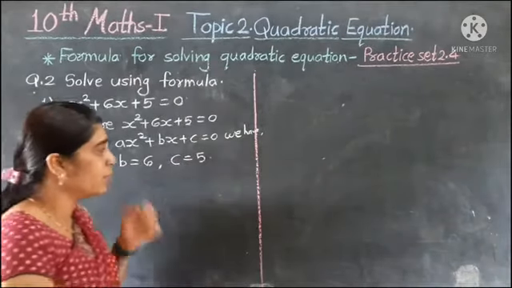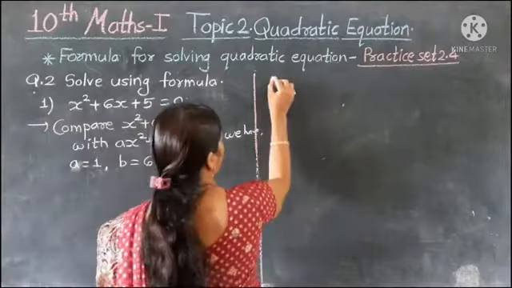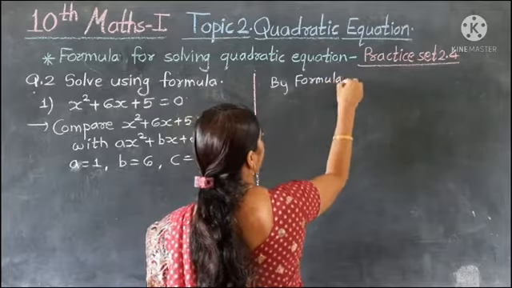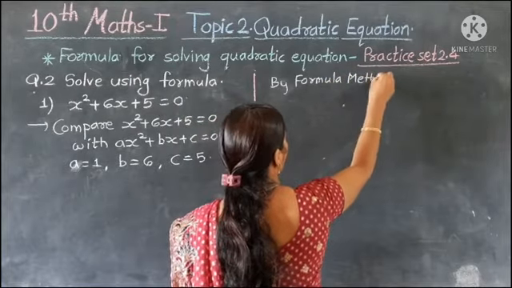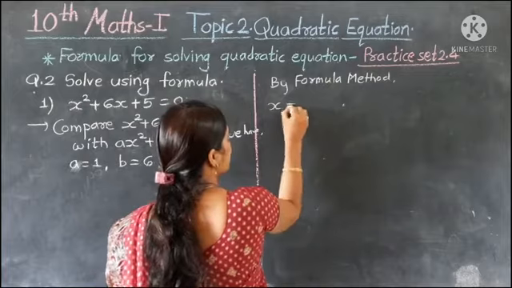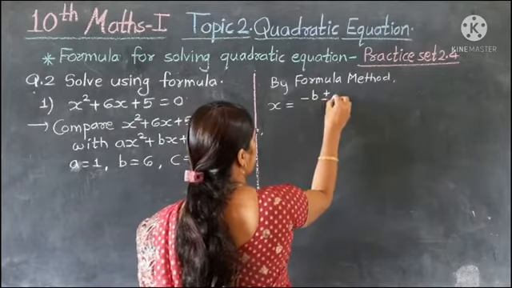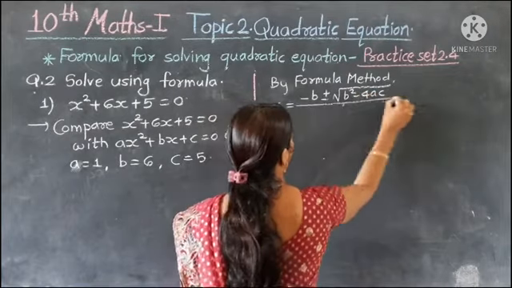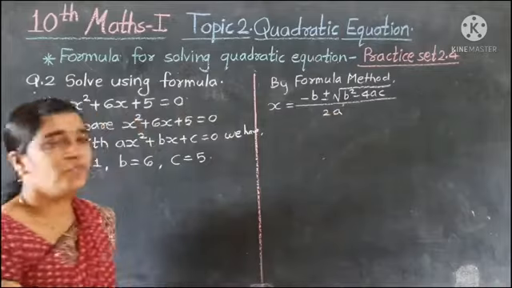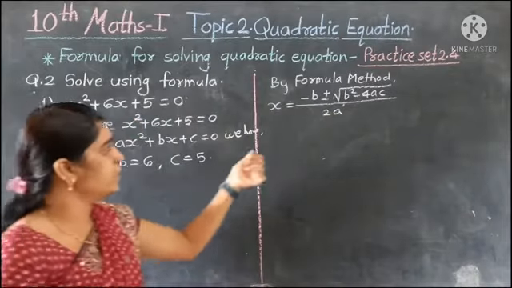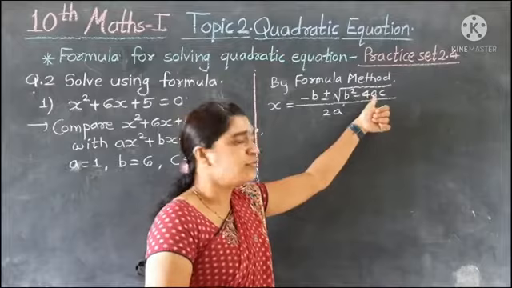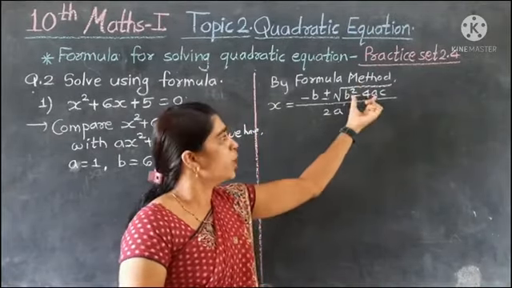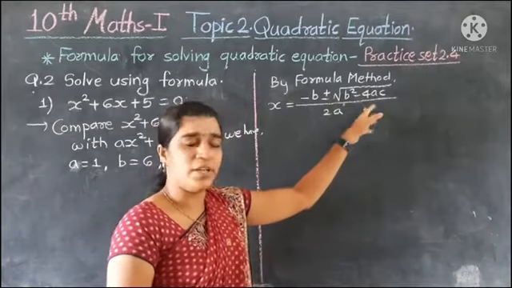So in the formula method we want b square minus 4ac. You know the formula method. By the formula method you can write x is equal to minus b plus or minus root b square minus 4ac upon 2a. This is the formula method. So we calculated a, b, c, but here you also calculate b square minus 4ac in the root. You can calculate this separately, or you can directly put it here also.